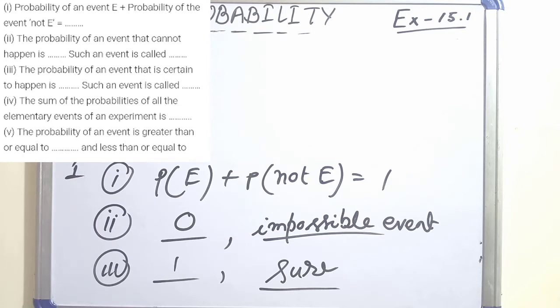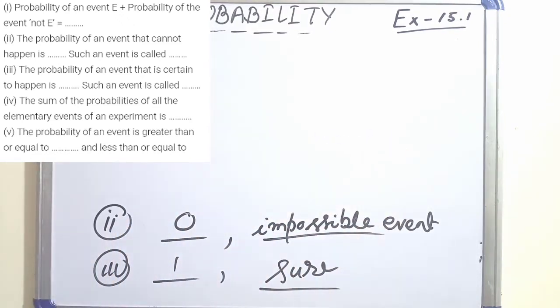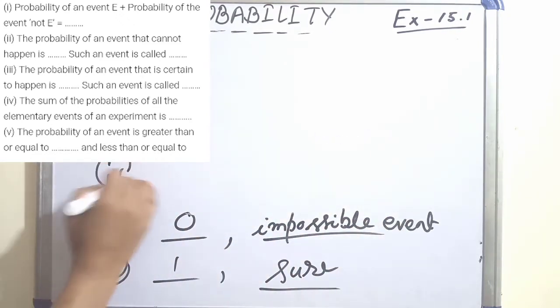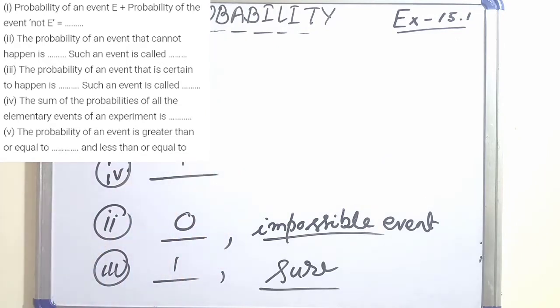Next, the sum of the probabilities of all the elementary events of an experiment is equal to 1.